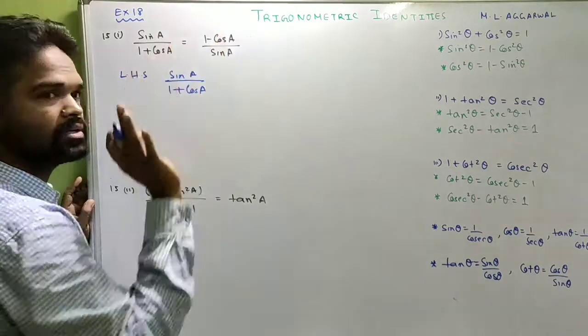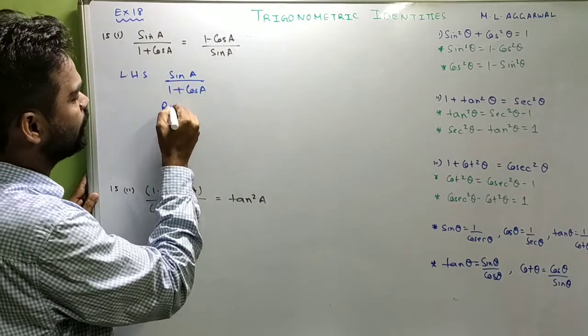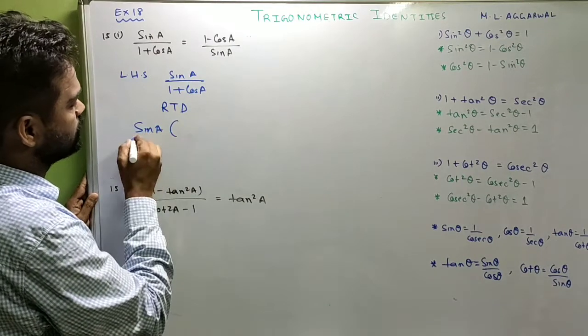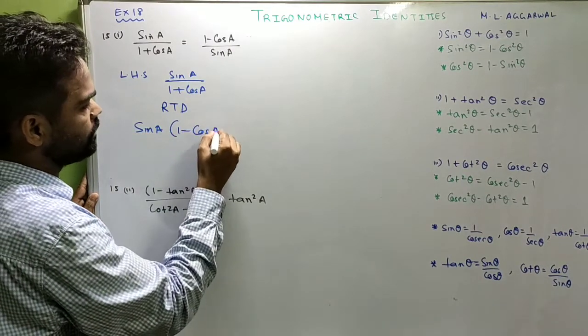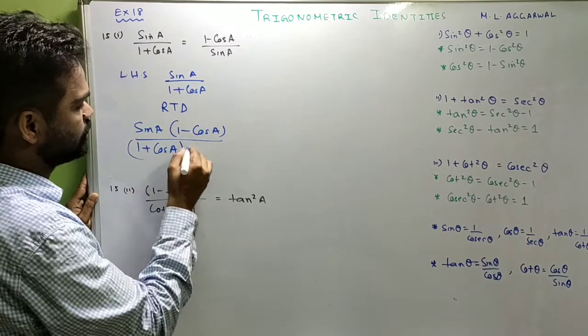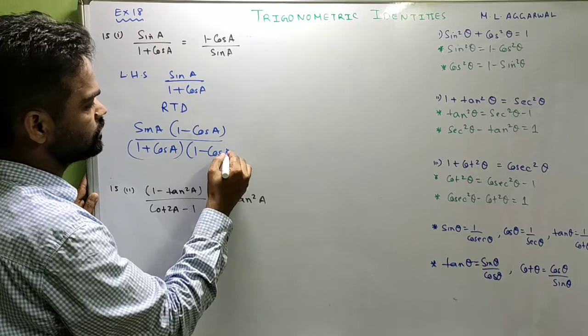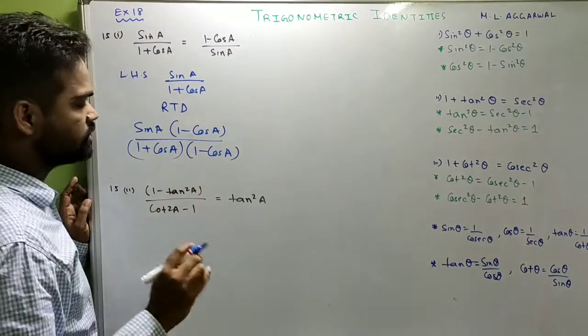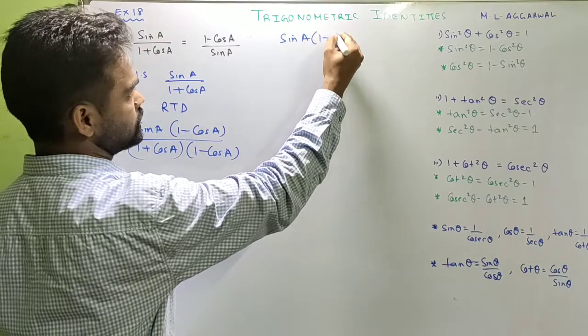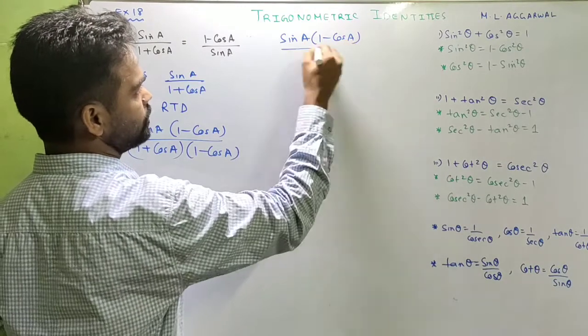So somewhere we'll reach here. Look, rationalize the denominator, which means sine A 1 minus cos A. I am multiplying the numerator and the denominator with 1 minus cos A. Now look, in the numerator you have still this. In the denominator, look over here.